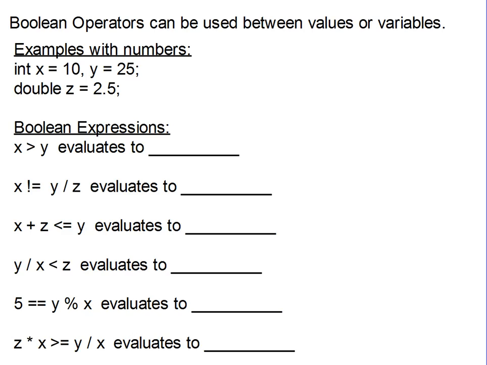So let's take a look at that in action. I have some variables up here, x equals 10, y equals 25, and z equals 2.5. So if I'm looking at x greater than y, I'm really just asking the question, is 10 greater than 25? And the answer to that is going to be false. So this Boolean expression evaluates to false.